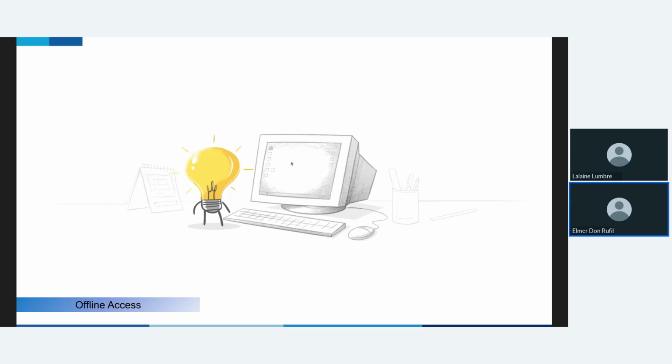Once you're back online, everything you did, like sending replies or moving emails, will automatically sync. So you don't have to worry about losing productivity just because your connection isn't stable. You will always have access to your work anytime, anywhere.